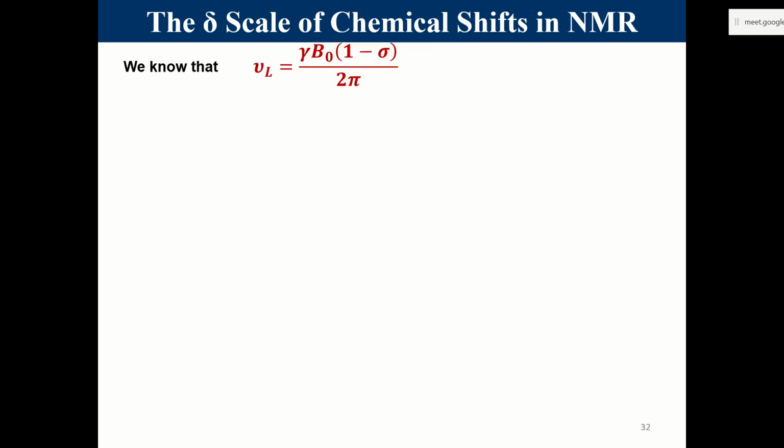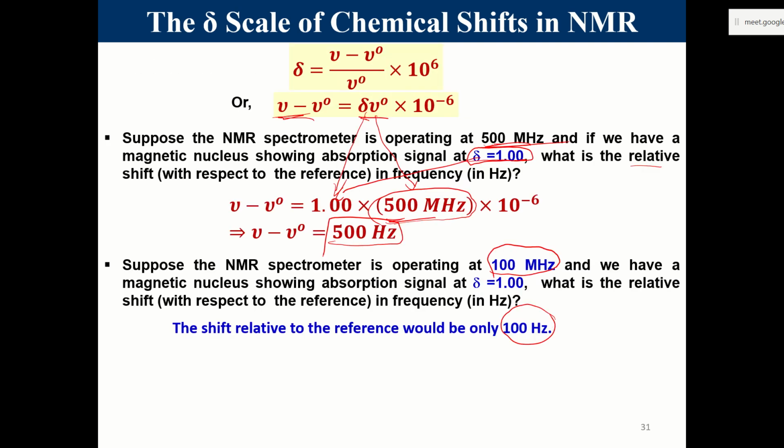So sometimes it is better, because the separation between lines, when you analyze an organic molecule or inorganic molecule, there might be a situation where there are very closely spaced lines. So if you are using a spectrometer with a higher frequency, this shift in hertz is higher and you are able to resolve it well.